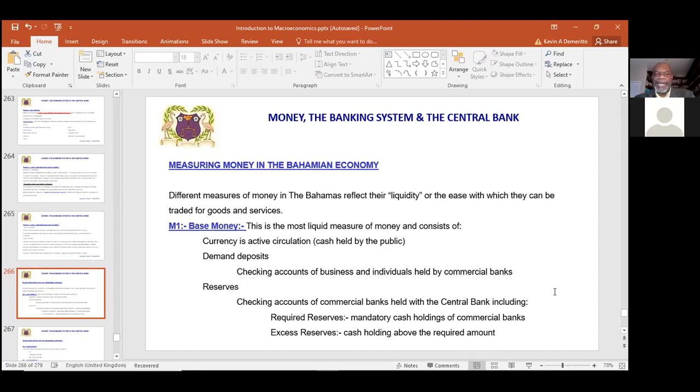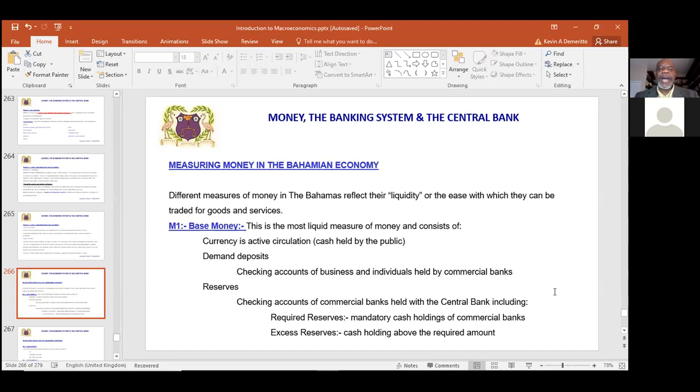So when we're talking about money, yes, it has to perform these functions, but how quickly and easily we can trade it for goods and services allows us to define different categories or different measures of money.